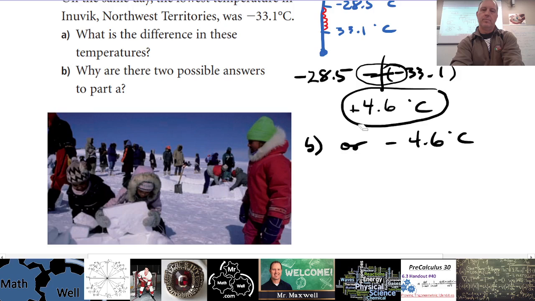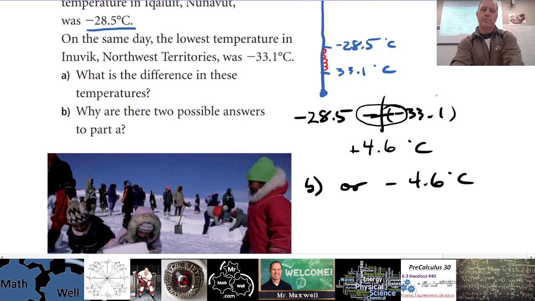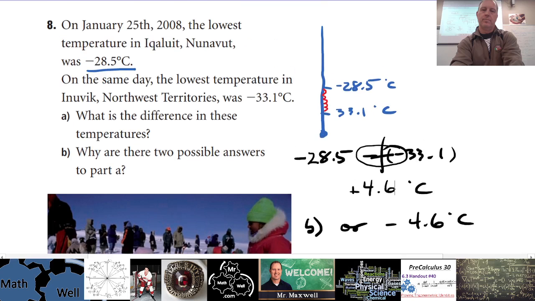Now, the positive and negative aspects of these differences would probably indicate the change in temperature. So is it getting colder or is it getting warmer? For example, if you were to travel from Iqaluit to Inuvik, then you would be experiencing a negative 4.6 degree Celsius change, right? So that negative would make sense in that it's getting colder.